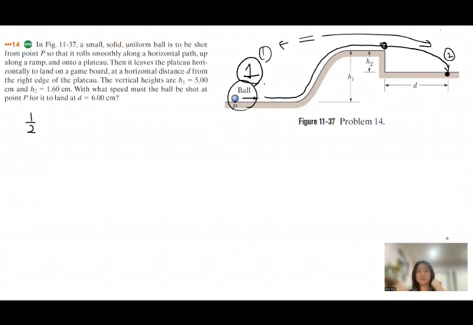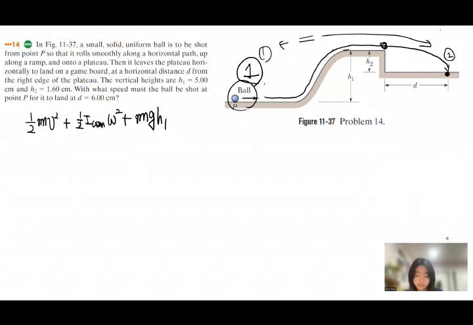So if you plug in the kinetic energy and potential energy of those two points, that should be 1/2 mv squared, that is kinetic energy of translational motion, plus 1/2 I, moment of inertia at center of mass, times omega squared of the ball, and there should also be potential energy from the reference point.